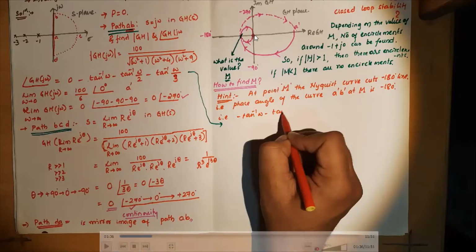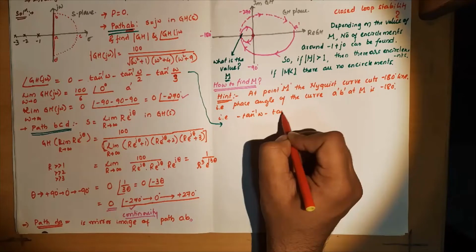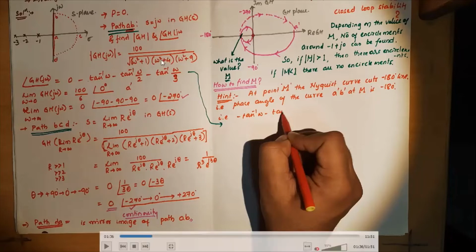And at the end, when omega is infinity, we assume that the phase angle contributed by the open loop system is minus 270 degrees, fine, with zero magnitude. So I would like to give some additional information. Just a conceptual practical interpretation of variation of omega equal to 0 to infinity.